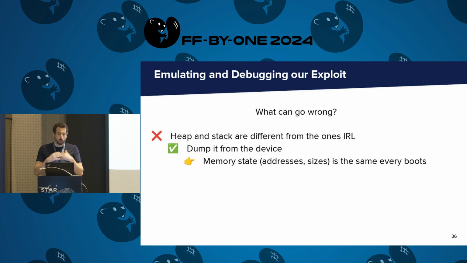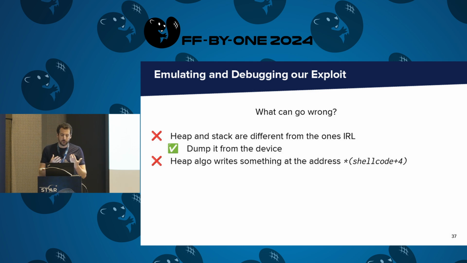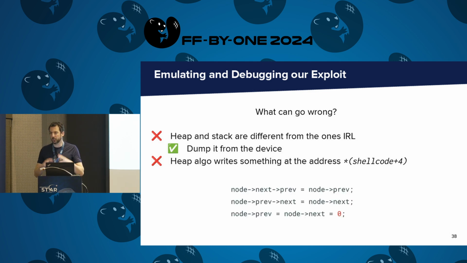So going back to what is going wrong in our exploit, there is also the fact that the heap algorithm will write something at the address shellcode+4, and this is because of the routine removing the chunk from the free list. So you can see here that we will dereference the prev pointer, which is supposed to point to the shellcode, and we will access the second pointer.